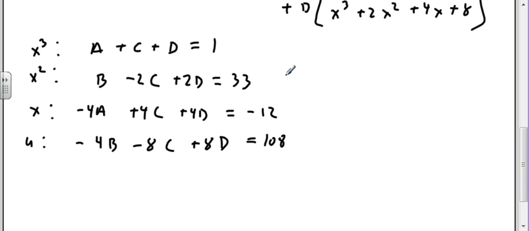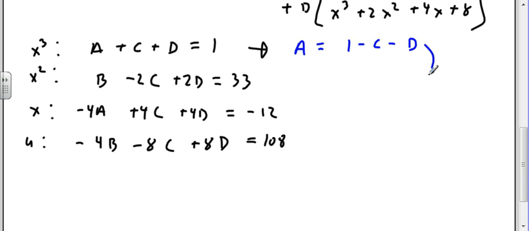And of course, my calculator doesn't do a 4x4, but it does do a 3x3. So I'm going to take this guy and say a is equal to 1 minus c minus d.